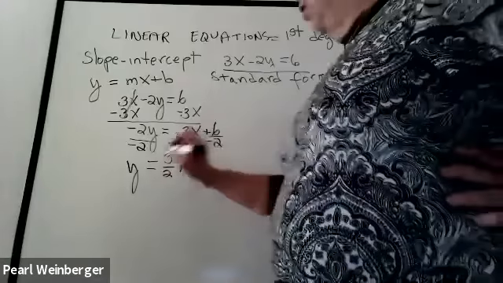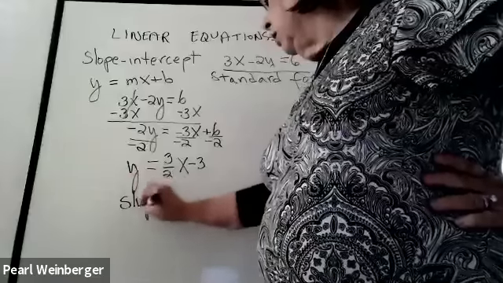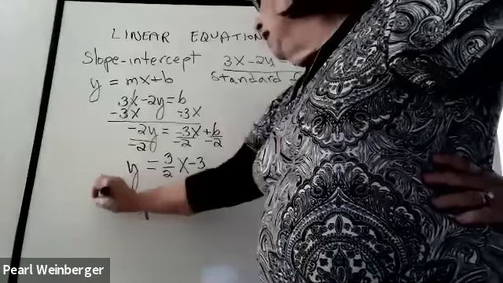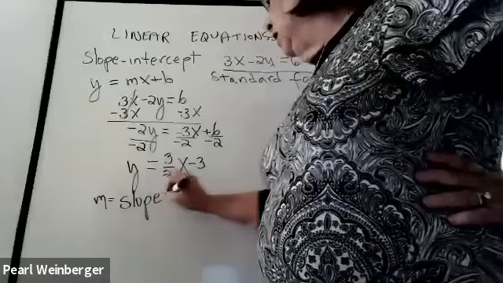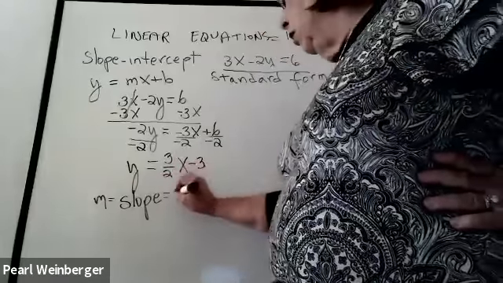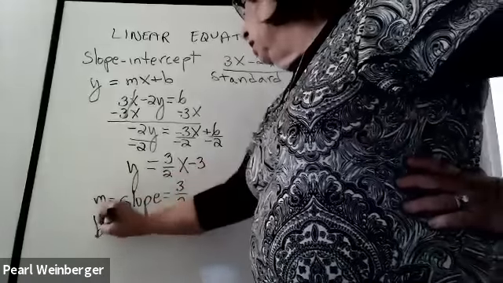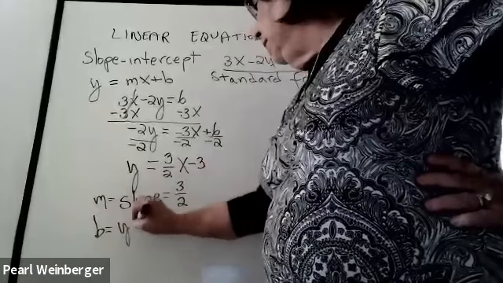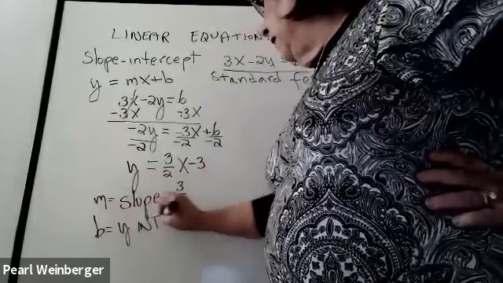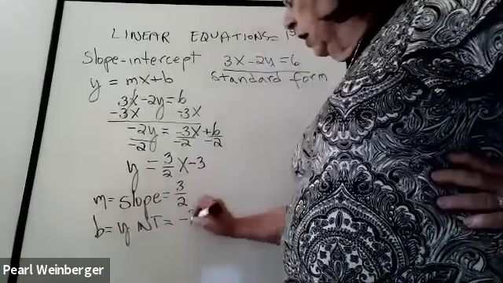And now I can see that the slope of this line, this is what we call the m, is the number in front of the x, the coefficient of the x, which is 3 over 2. And the b, which is the y-intercept, is the standalone number, which is negative 3.